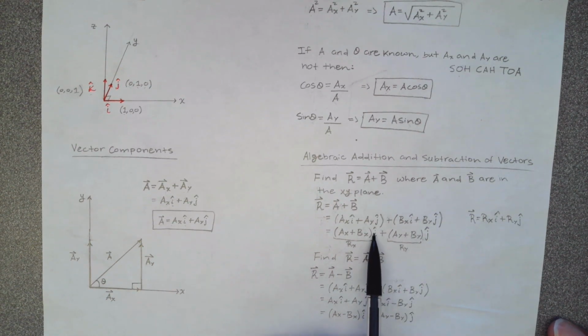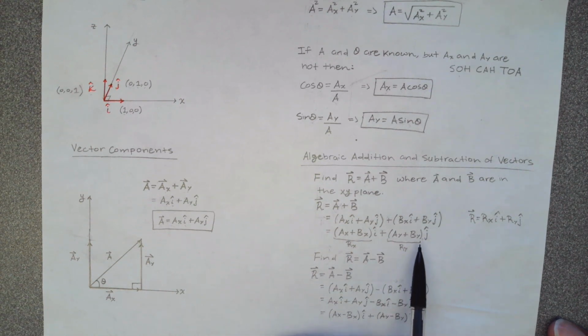So the i hat factors out. So this is going to give me (ax plus bx) i hat plus (ay plus by) j hat, where these are just numbers. Ax, bx, this is just a number, and similarly, ay and by are just numbers.